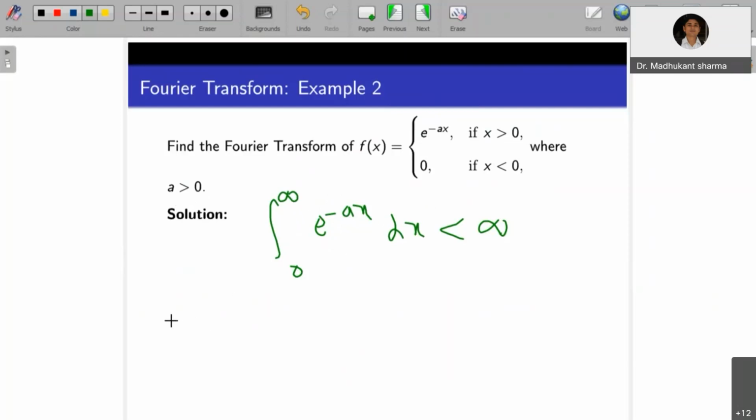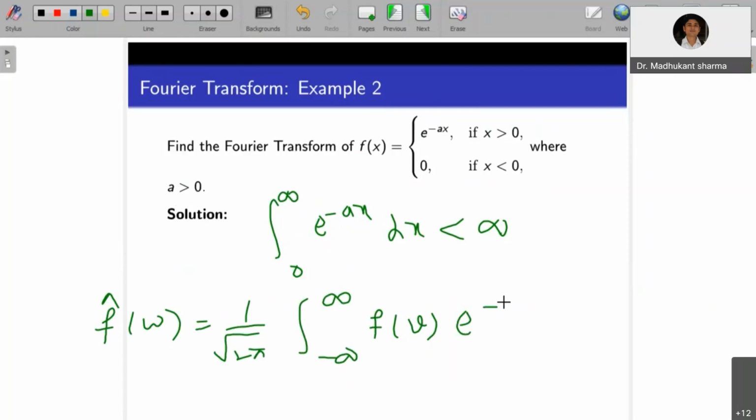Now what further do you want? Therefore f cap of w is equal to 1 upon square root of 2 pi integration minus infinity to plus infinity f of v e to the power minus iwv dv. Now apply the limit. From minus infinity to 0, it is 0, and from 0 to infinity f is e to the power minus ax.